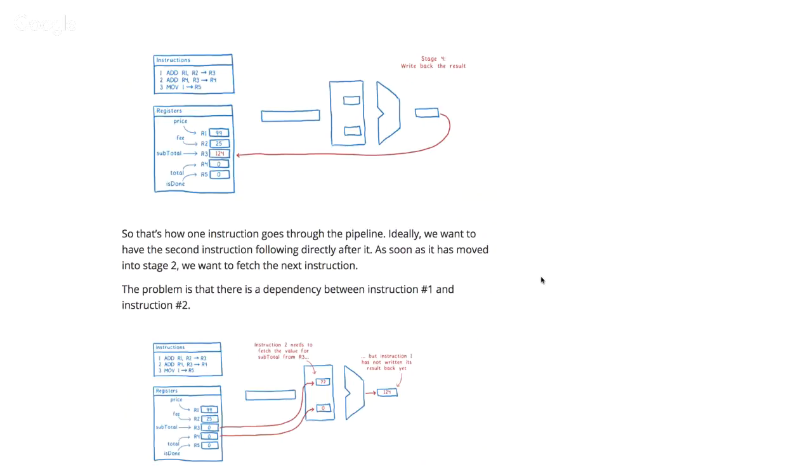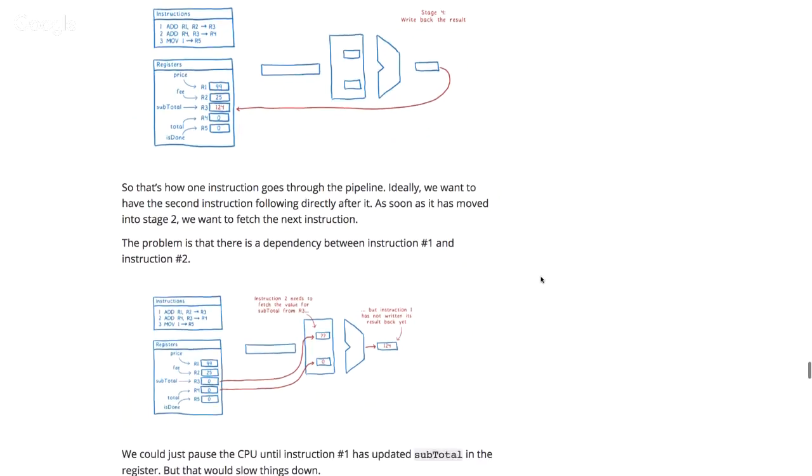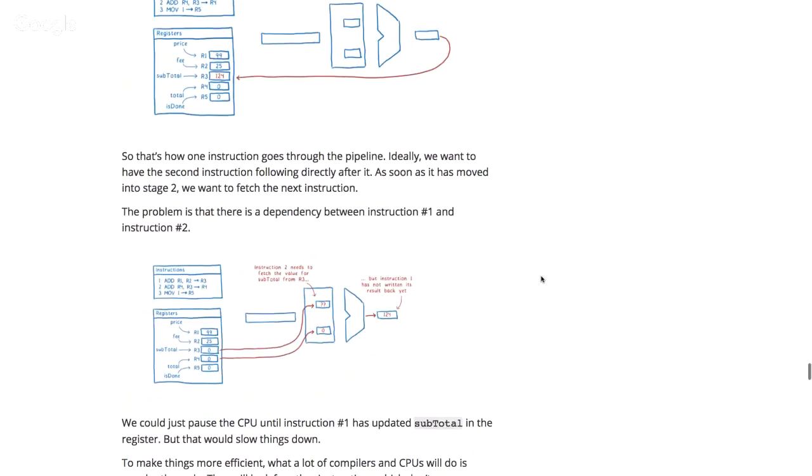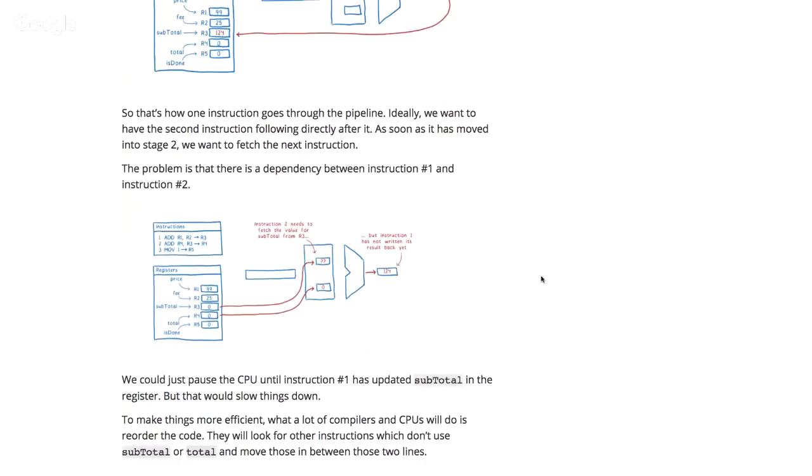Ideally, we want to have the second instruction following directly after it. As soon as it has moved into stage 2, we want to fetch the next instruction. The problem is that there is a dependency between instruction 1 and instruction 2.